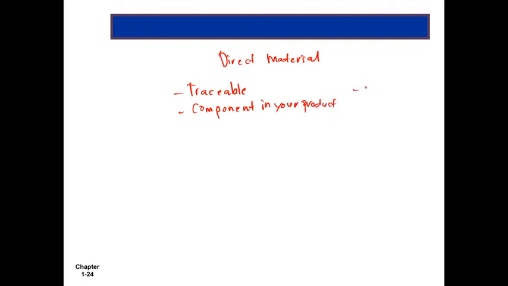But there is also material which is not traceable, which is called indirect material, something whose cost we cannot trace.